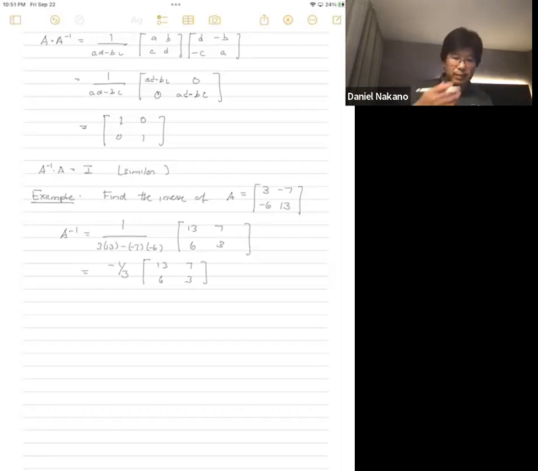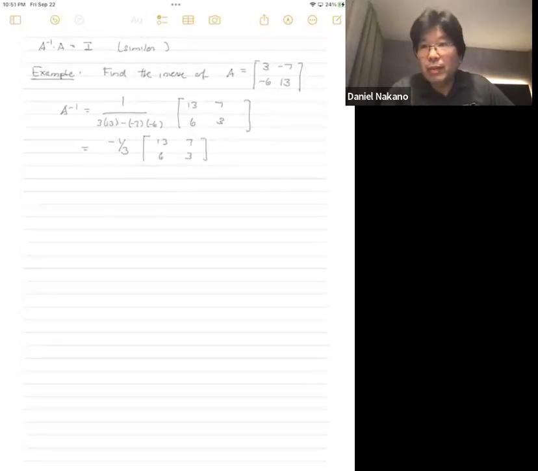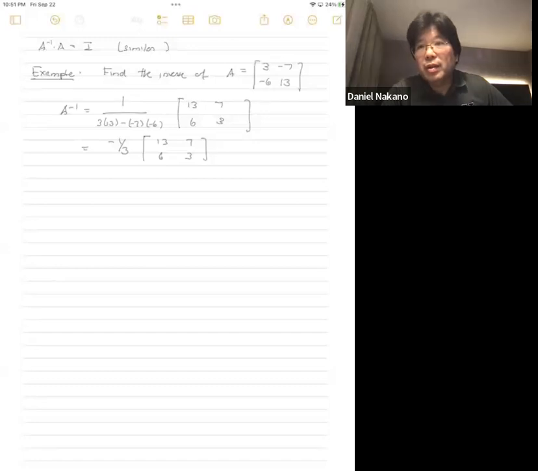So it's not too hard. So why are inverses important? Well, I kind of indicated this in the last session. Namely, you can solve systems of equations.